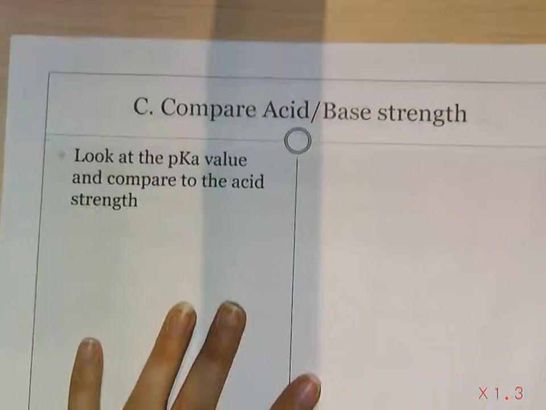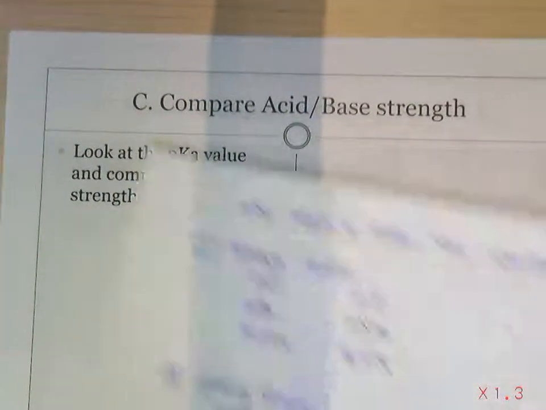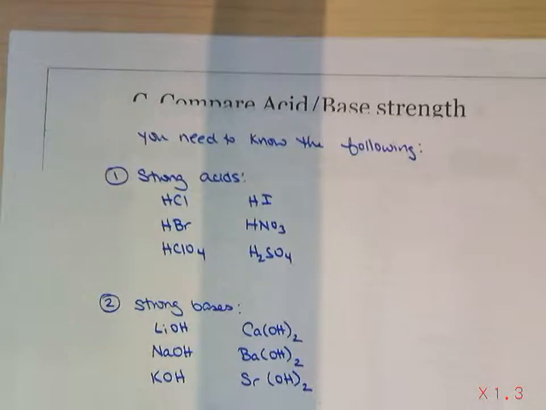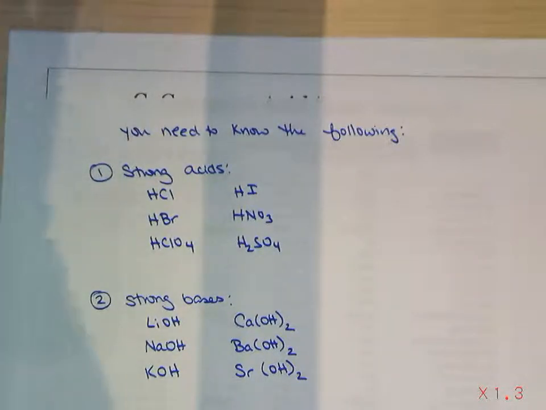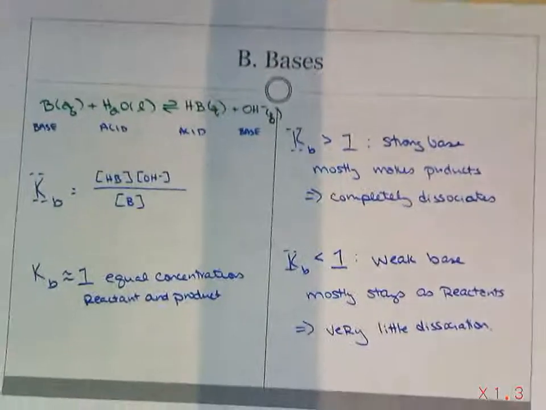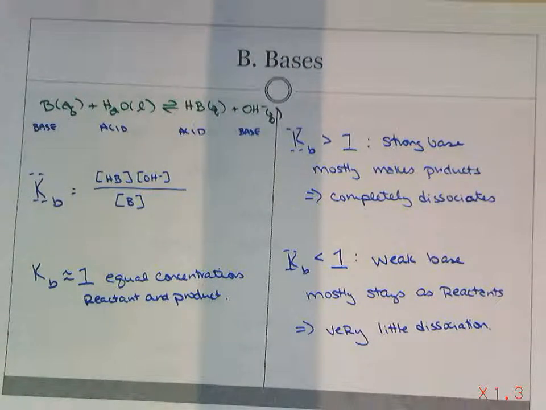Question, going back to the equilibrium constants for the acid and base. When you have a K greater than 1 for an acid, does that mean it's going to be a K greater than 1 for a base too? If it's a strong acid, it will make a weak base.